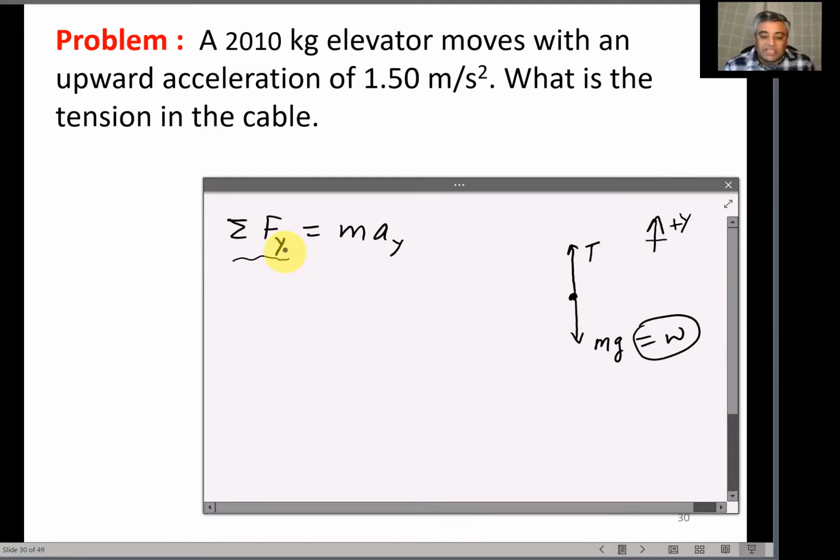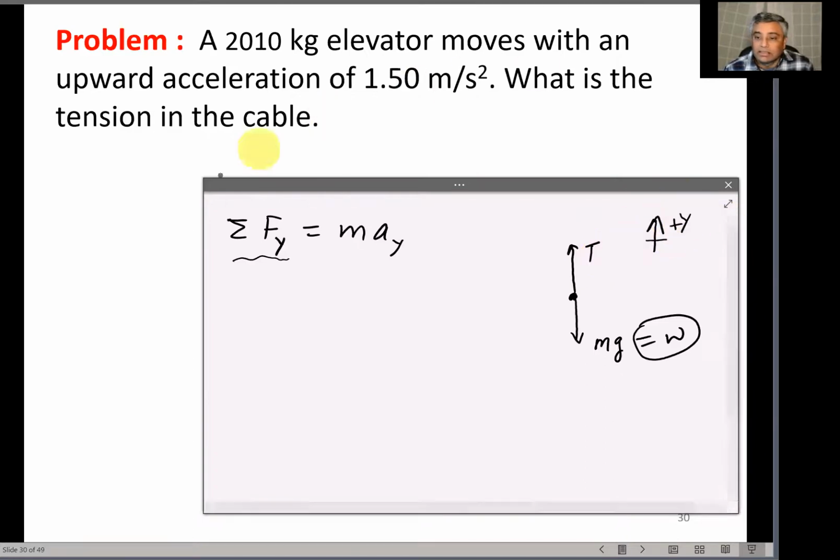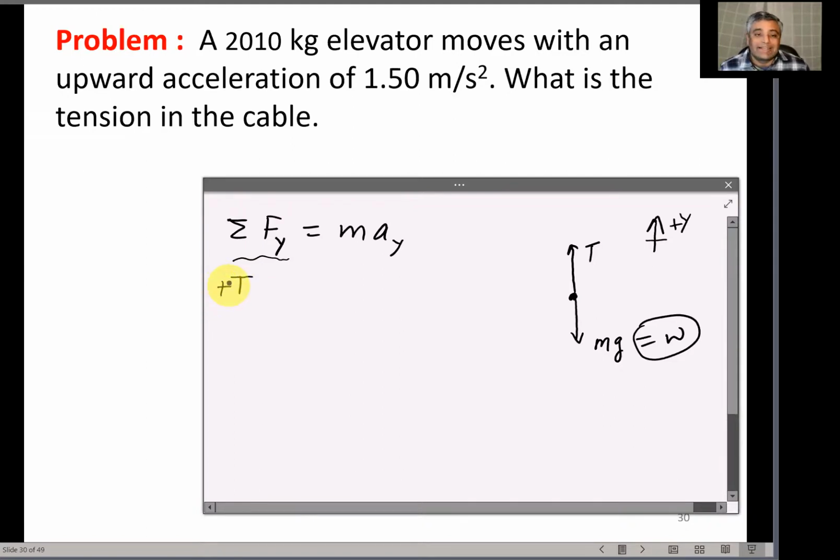Tension is pointing up, and we chose up as positive, so tension is positive or negative? Must be positive. Although we don't need to write the positive sign for the first term, I like to write it down, especially when I'm practicing, so that I make sure I'm checking the sign of the force.